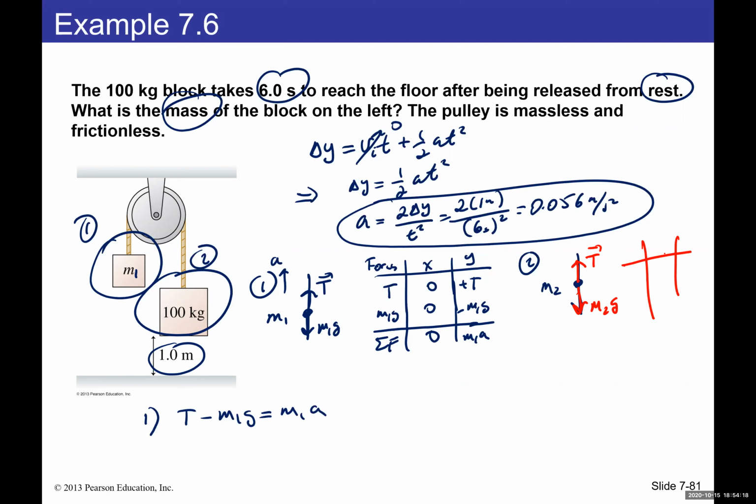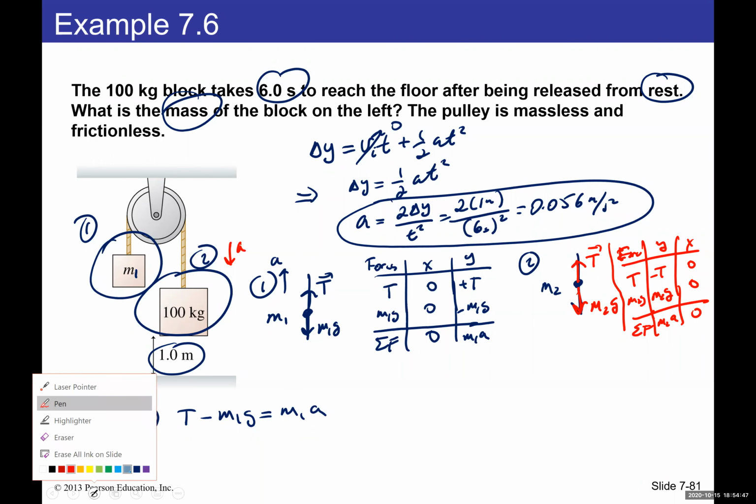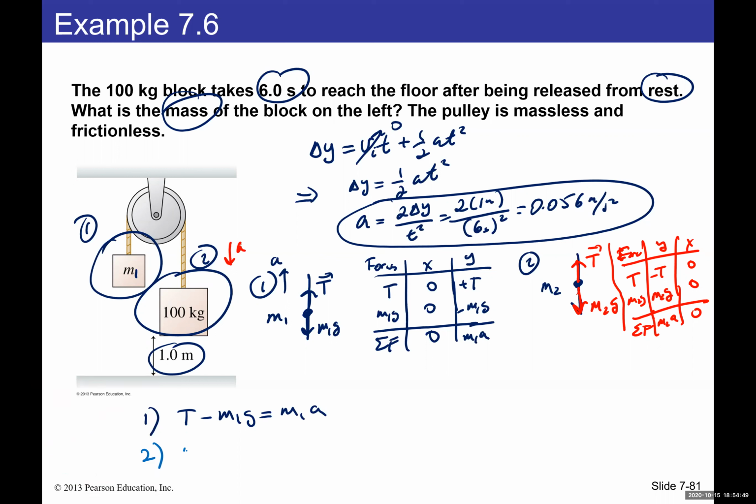In the X direction it is 0, but in the Y direction, this is going to accelerate down, so I'm taking down as positive. That means tension is negative, M2G is positive, and M2A is also positive. So I get my equation 2: M2G minus tension equals M2 times A.